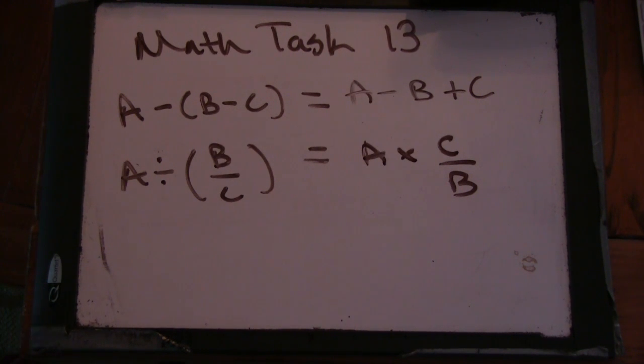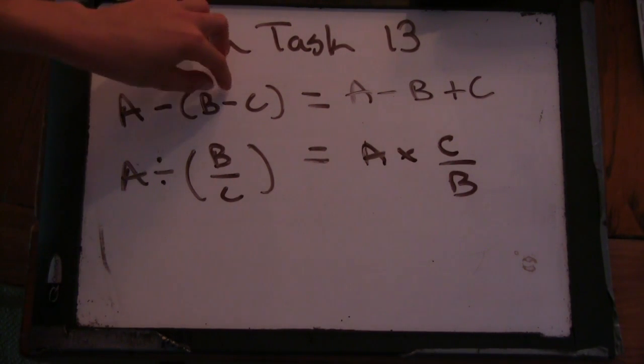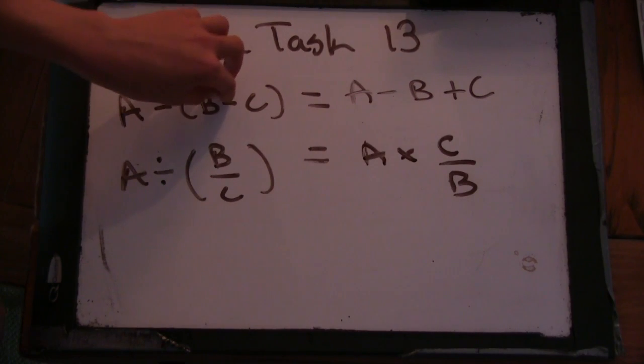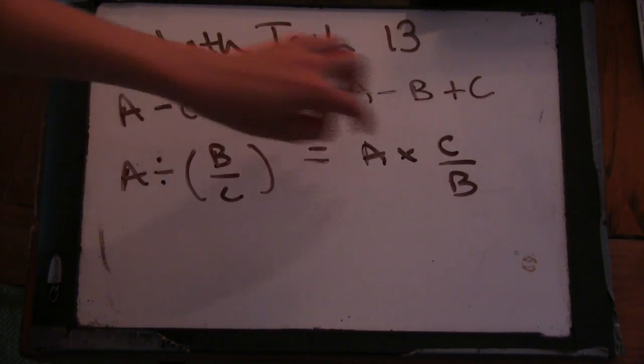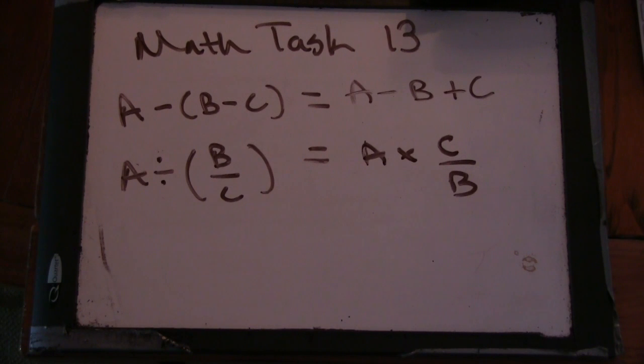What do you think is similar about those situations? Well, in both equations, you're kind of turning one of the function symbols into the other. So you're turning a minus into a plus and a divide into a multiply. Okay, that's interesting. So how are minus and plus related to divide and multiply?